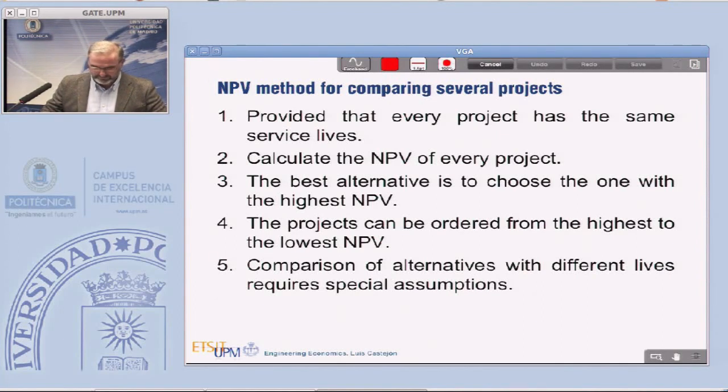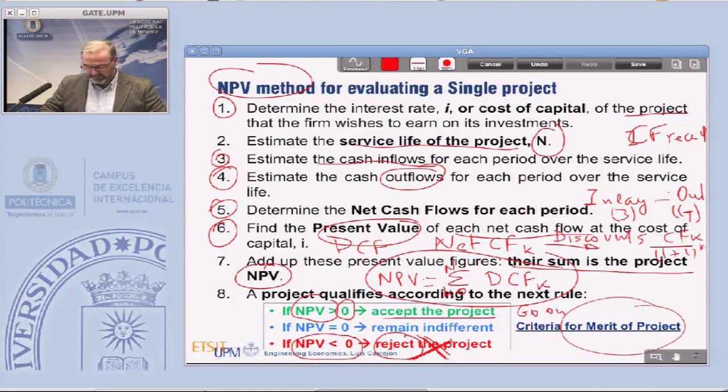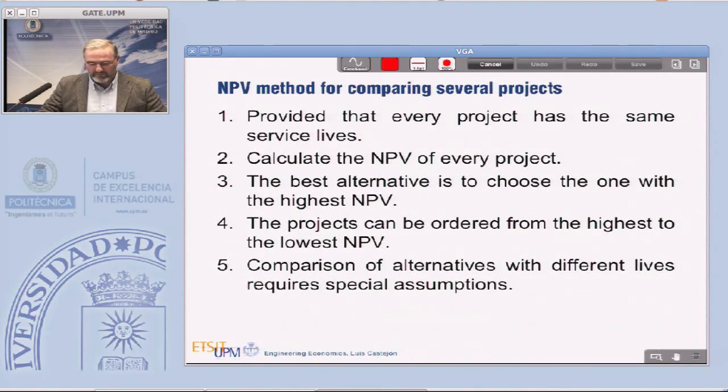We have used this criterion for the merit of a project for qualifying a single project. But the net present value methodology is quite useful not only for evaluating single projects, but also for comparing several projects.